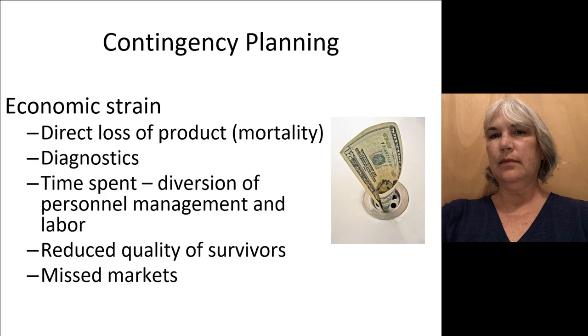This contingency planning will reduce anxiety and reduce time and money spent on wasted or even inappropriate behaviors or activities. It will reduce the production loss and perhaps even lost markets. So basically, it's money. The contingency planning will reduce the strain economically for you and your farm.